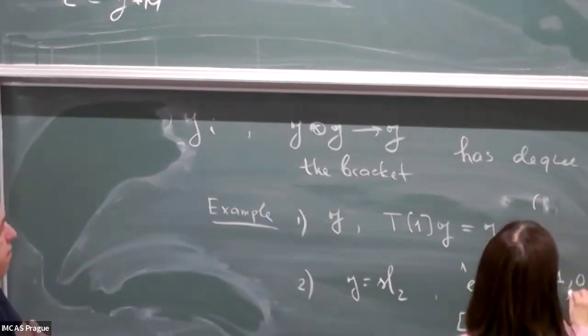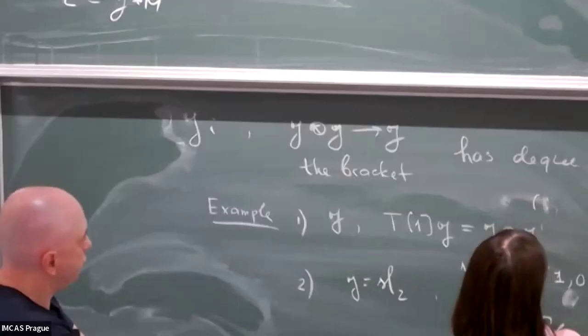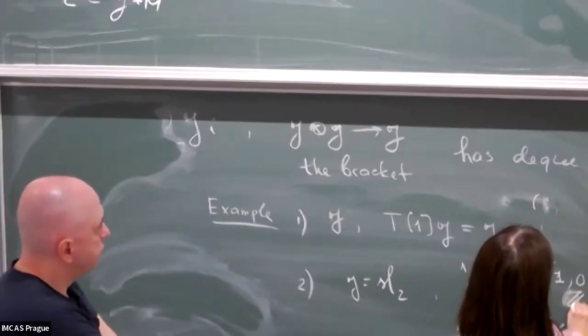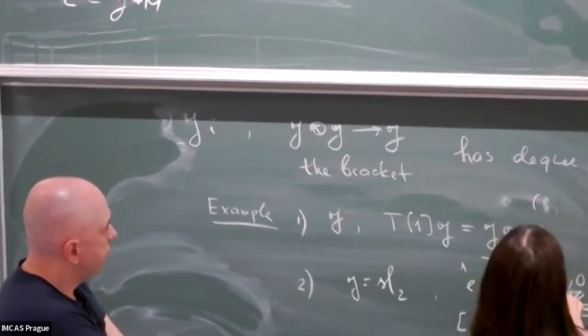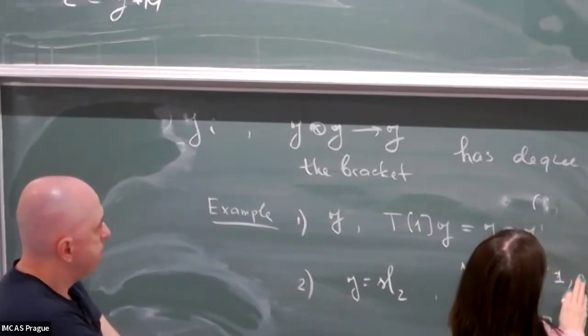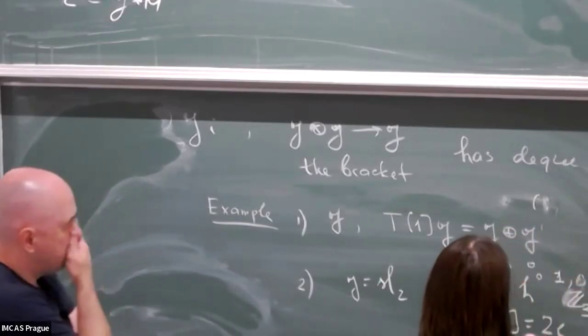Yes, minus 1, 0, 1. So you can think of it in terms of Z3 graded. Z3? Yes, but we cannot think of it as Z3 graded.